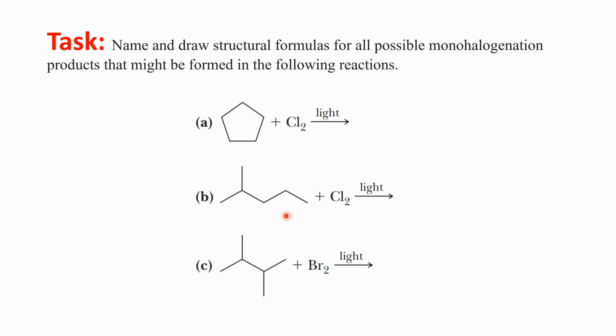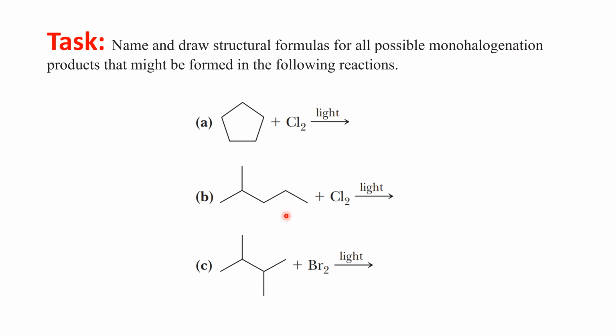A hint is this: wherever there are different IUPAC names in terms of position, like in one case you are getting the 2-chloro, in one case the 3-chloro, these are two different compounds. So these are the expected products.